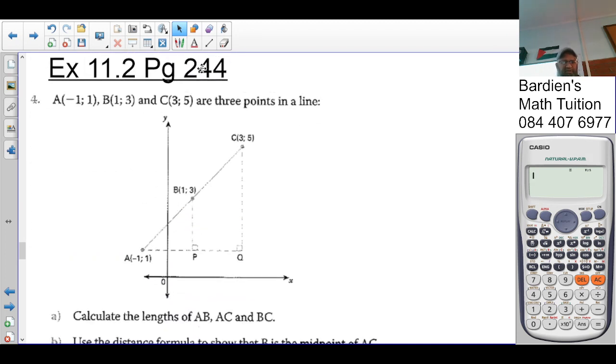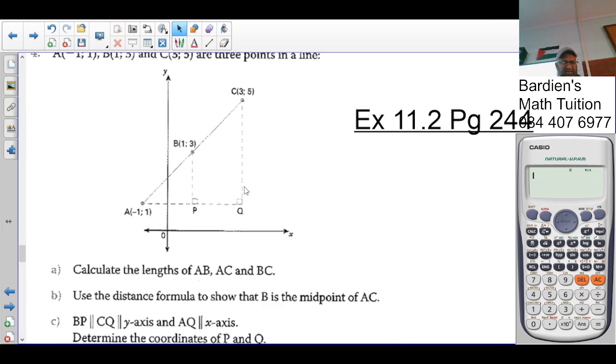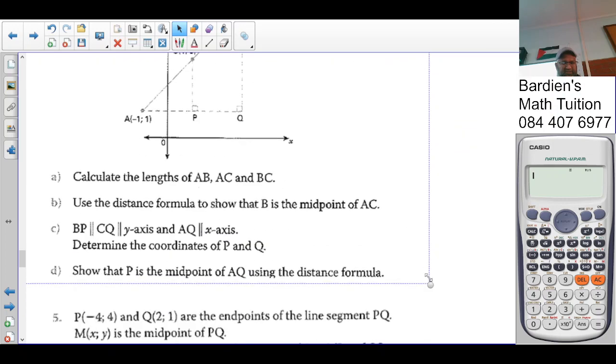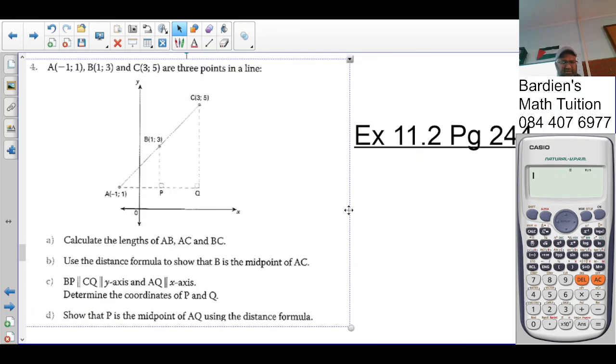In number 4 we have A, which is negative 1 and 1, B, which is 1 and 3, and C, which is 3 and 5, or 3 points in a line. With 3 points lying in a line, we also call that collinear, which means to say they all lie on the same line.